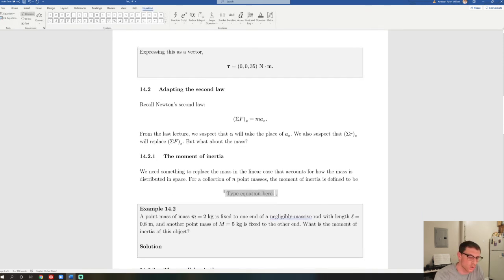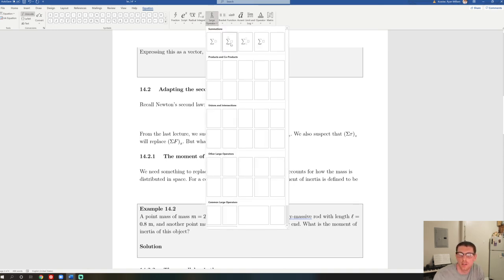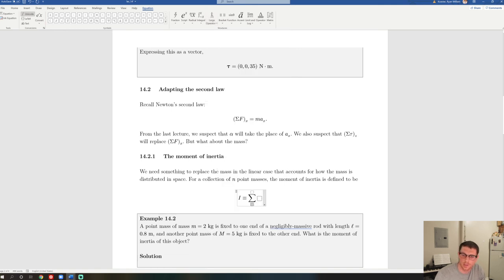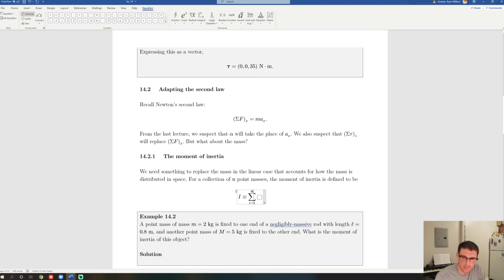We usually call the moment of inertia I, and we're going to take a sum from the first mass to the nth mass, where what we're summing is the mass of the point mass and its perpendicular distance from the axis of rotation squared.